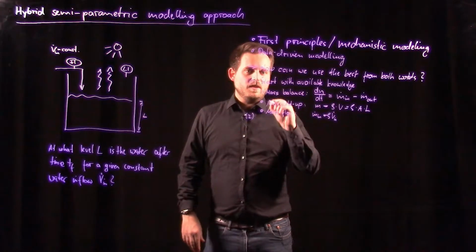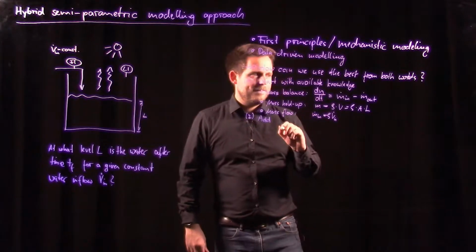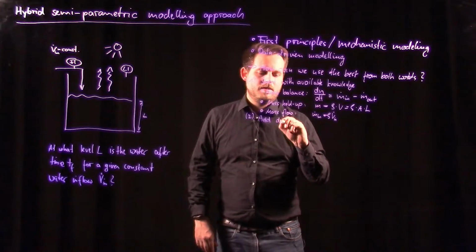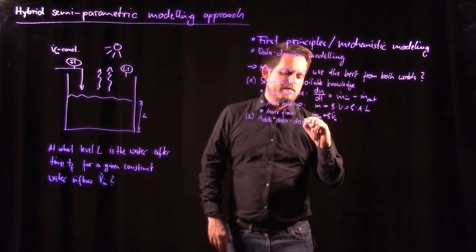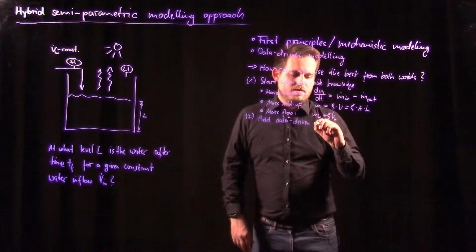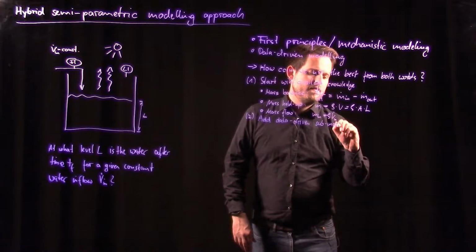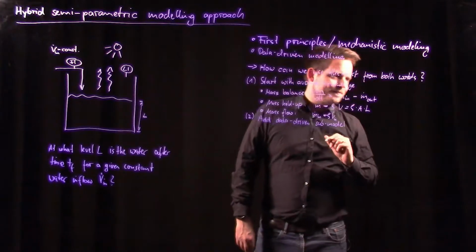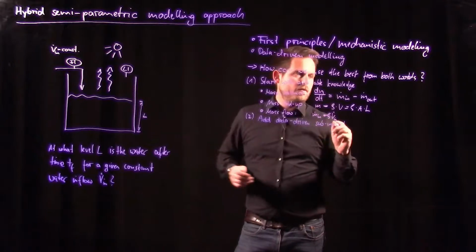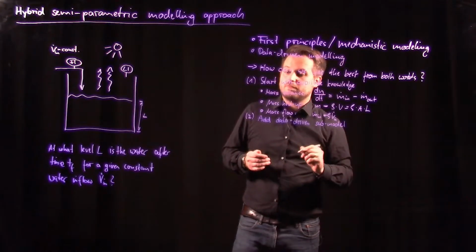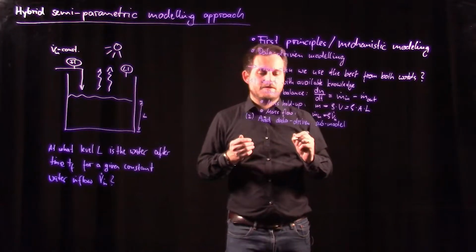So what we do in the second step is add a data-driven submodel. And this we do for parts we don't understand well, or where it is complicated to describe them.